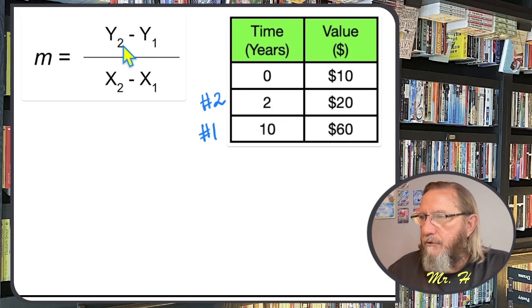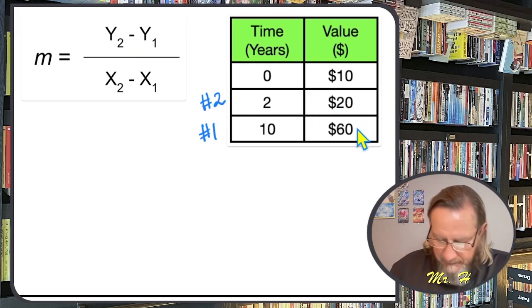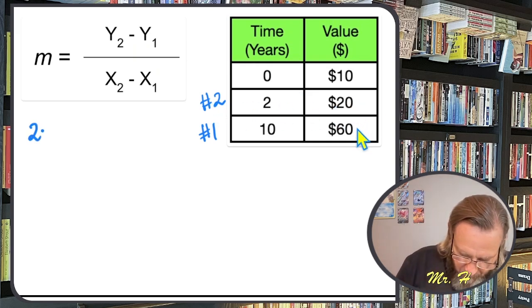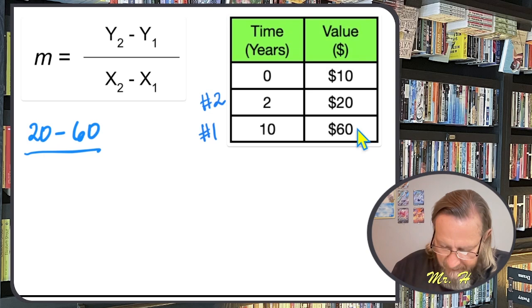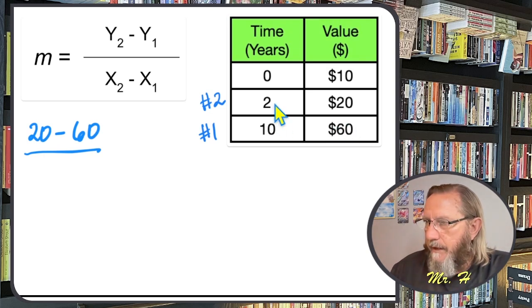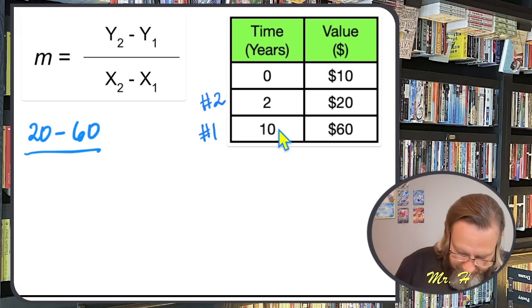What's the y value of our second point minus the y value of the first point? 20 minus 60. And then the x value of the second point minus the x value of the first point, 2 minus 10.